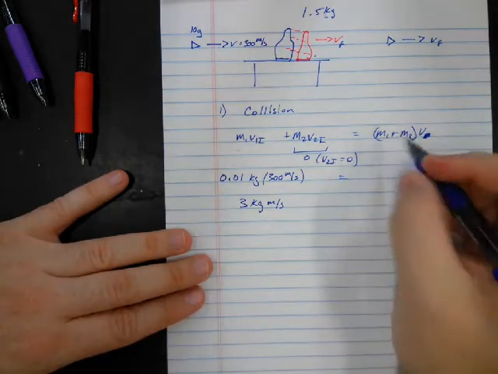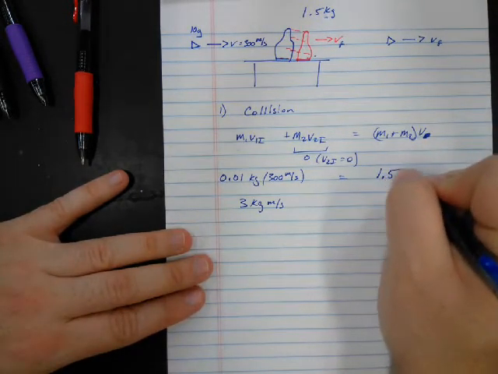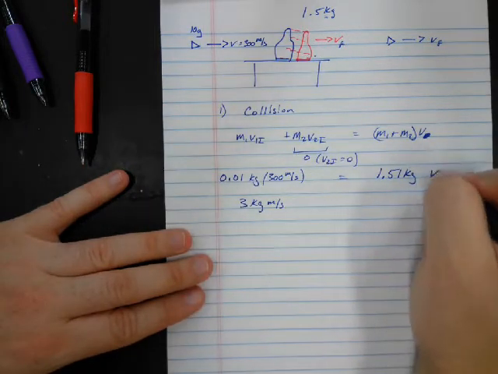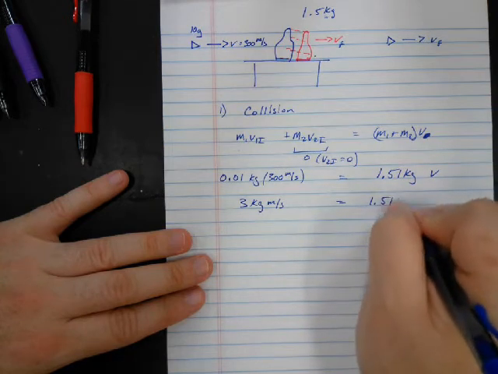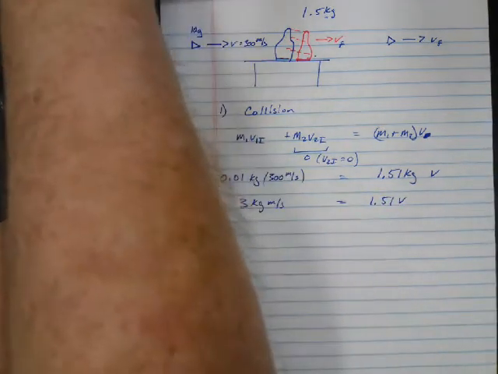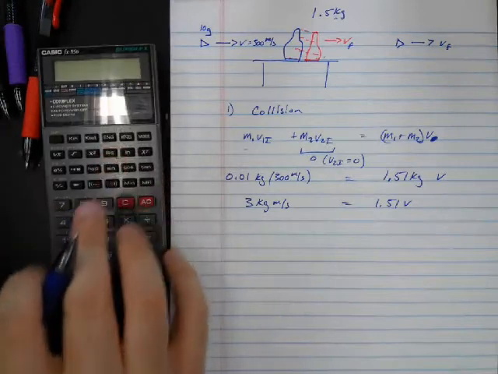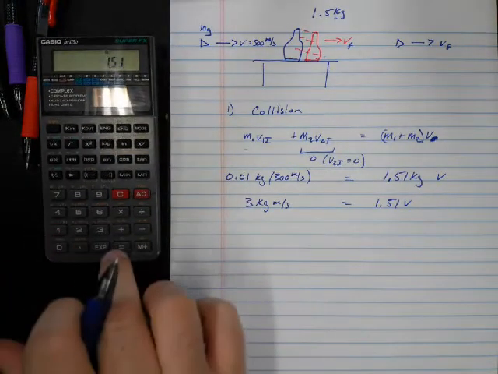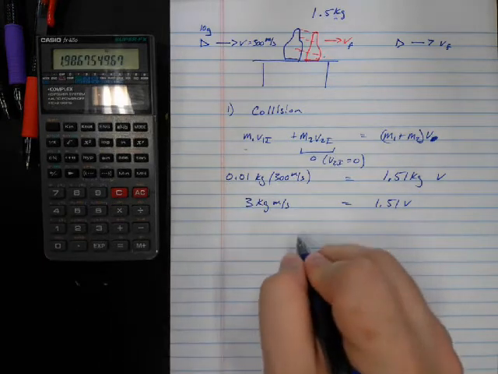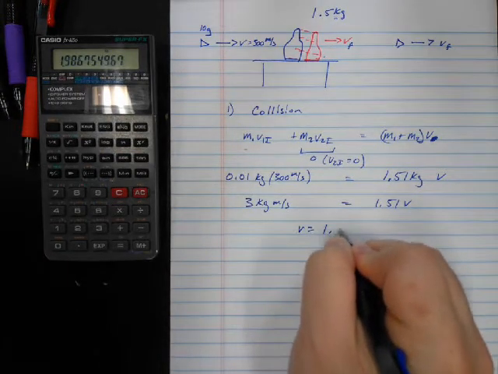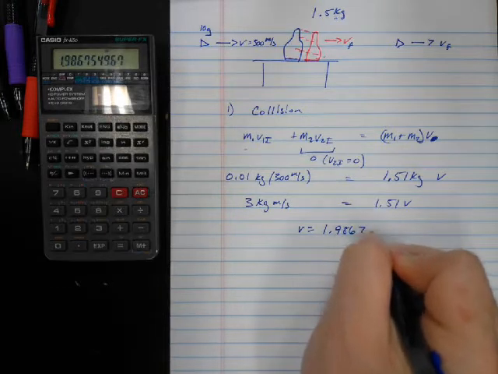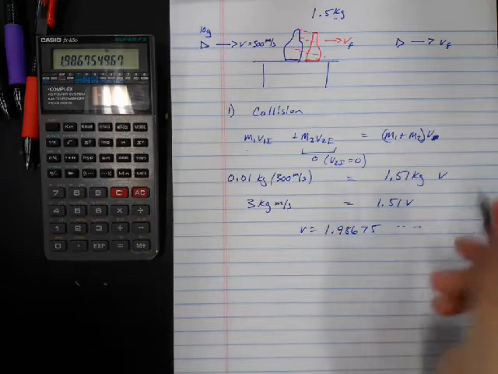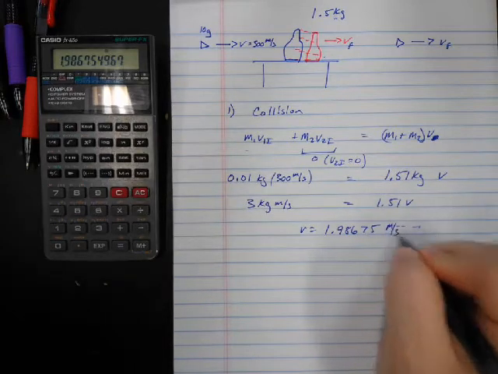That equals 1.51 kilograms, that's the total mass, times V. Well, that's going to be just under 2. 3 divided by 1.51, V is 1.98675... We're going to keep a lot of sig figs, meters per second.